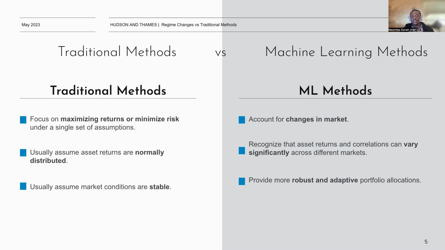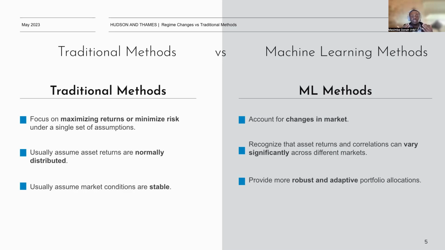Another point to consider is that regime change methods recognize that asset returns and correlations can vary significantly across different market regimes. And this is also a big one, because with traditional methods, especially the naive one, which accounts for only correlations, I remember when I was starting off in quantitative finance, just reading from the textbook, a simple way to diversify or optimize a portfolio is just to account for different correlations.